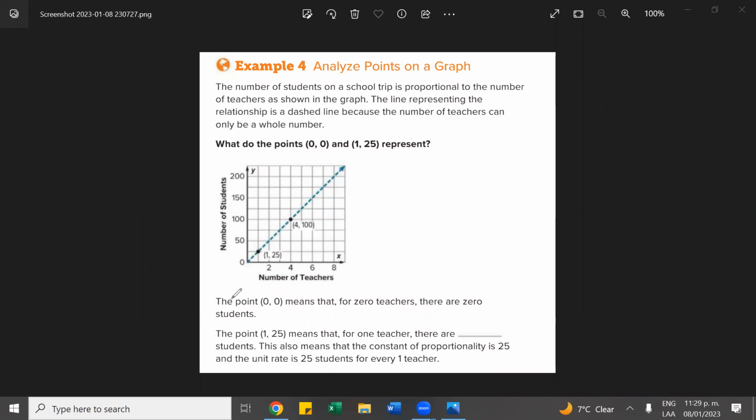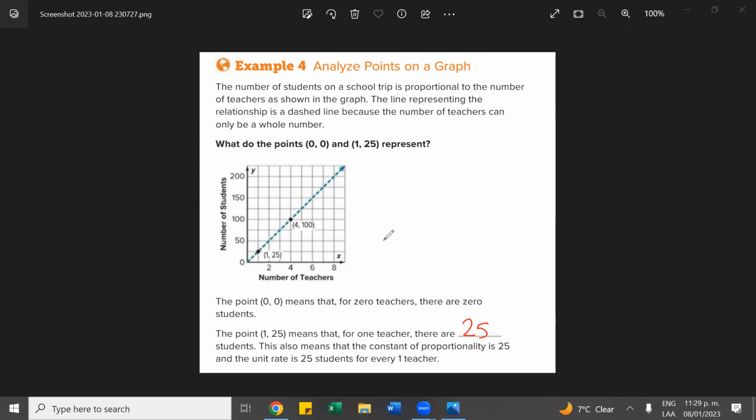Let's see. The (0, 0) means that for 0 teachers, there are 0 students. Okay, that's what it means. Now, the (1, 25) means that for 1 teacher, there are 25 students, right? So we have 25 students for every teacher.